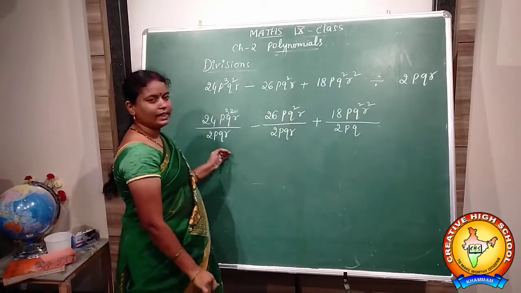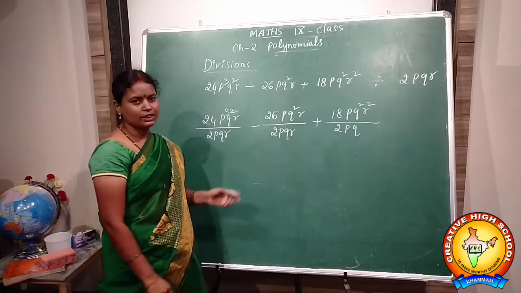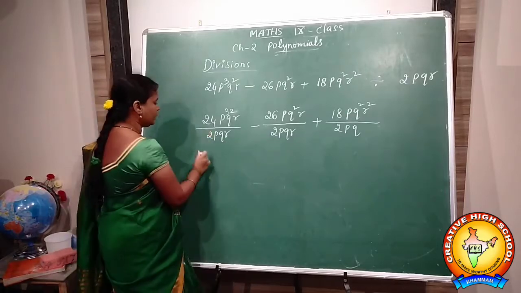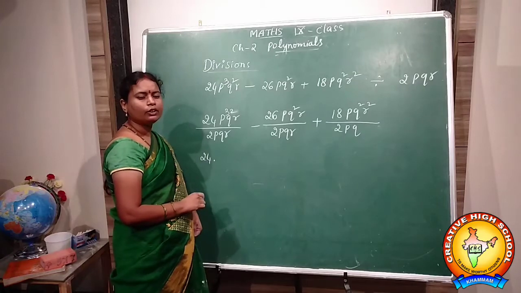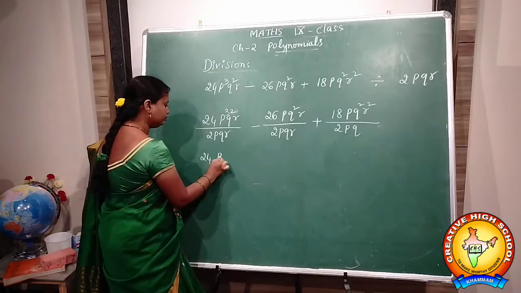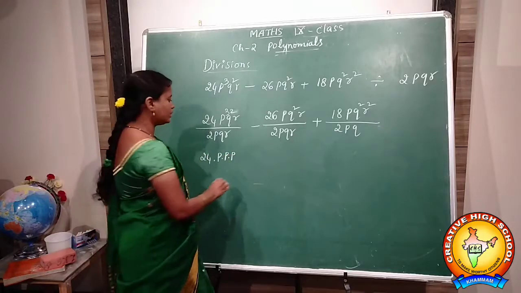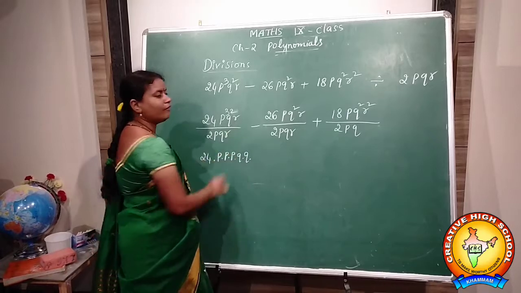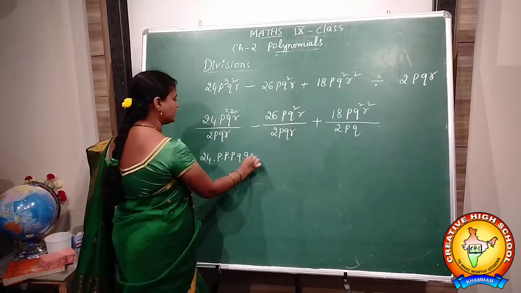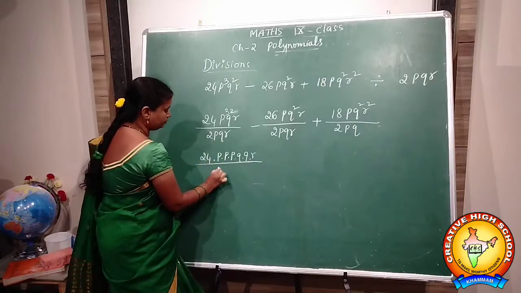Now let us write in the expanded form. Then it will become easy to cancel. 24 p cube, p cube means p into p into p. q square means q into q. Here only one r is there, write the r like this. By 2 p q r.